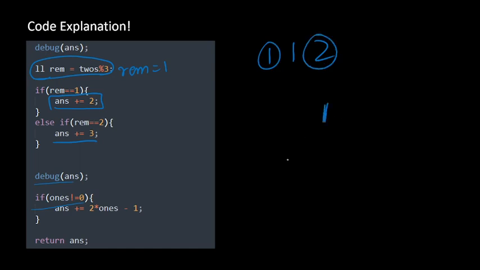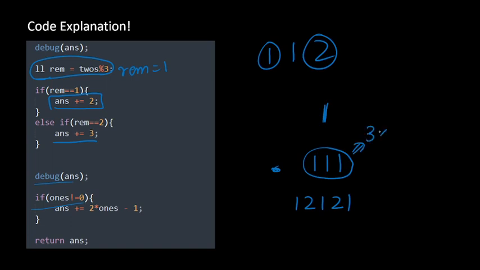So basically the logic is, let's just say you have three ones left in your final array. These three ones will be making something like 1 2 1 2 1. So for every 1 you added a 2, except the last one.